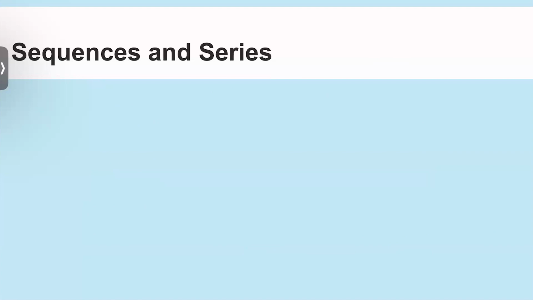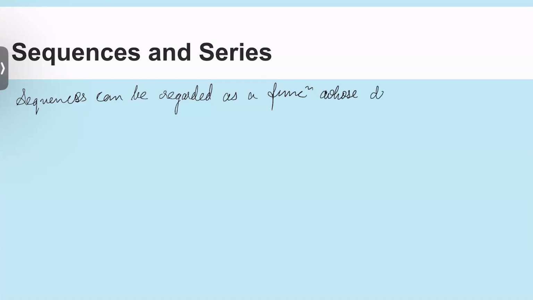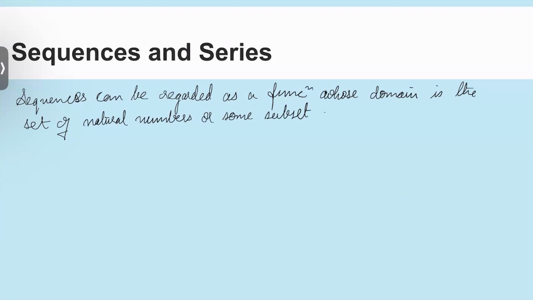So what we can say is that sequences can be regarded as a function whose domain is the set of natural numbers or some subset of it. Why do we say this?